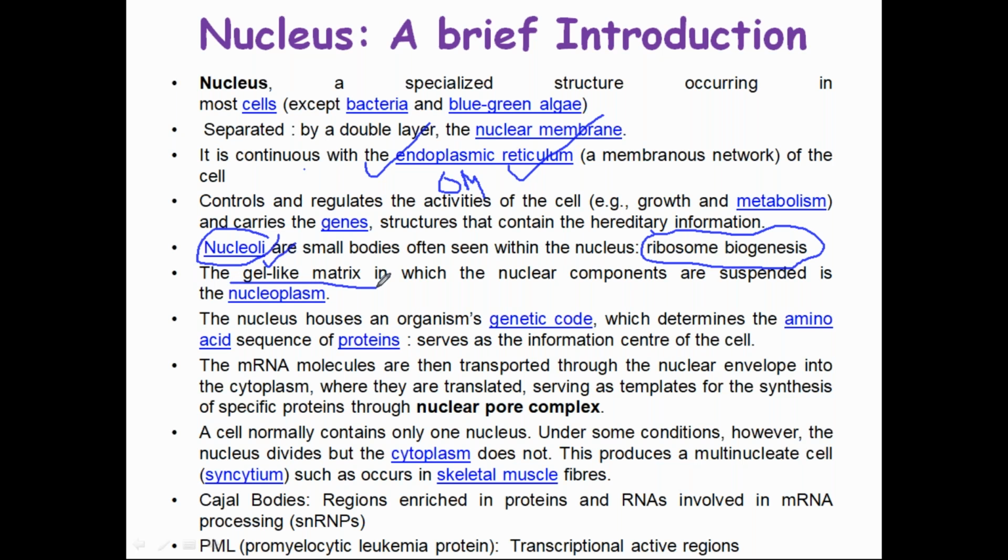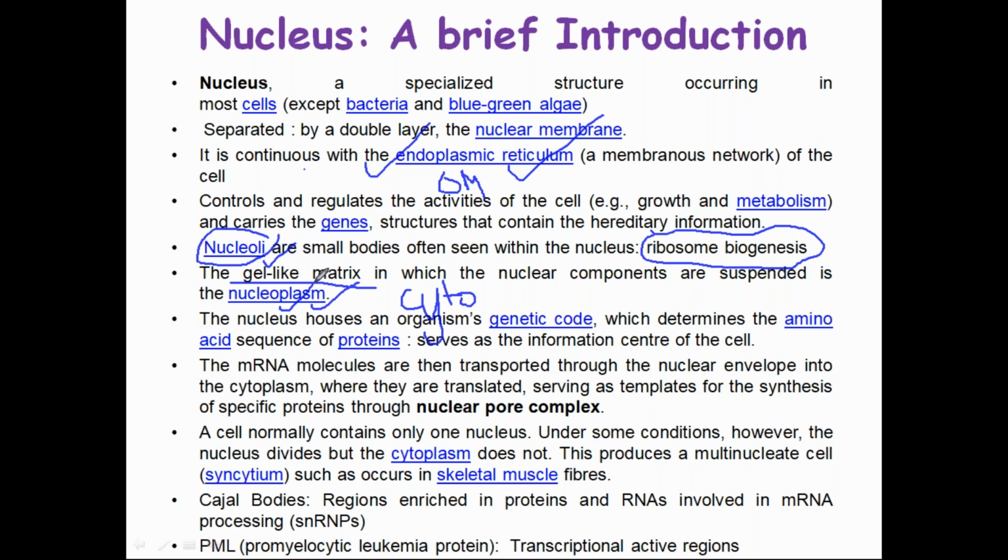The liquid which is present in the nucleus is called the nucleoplasm. The liquid present in the cell is called the cytoplasm, and the liquid present in your nucleus is called the nucleoplasm.